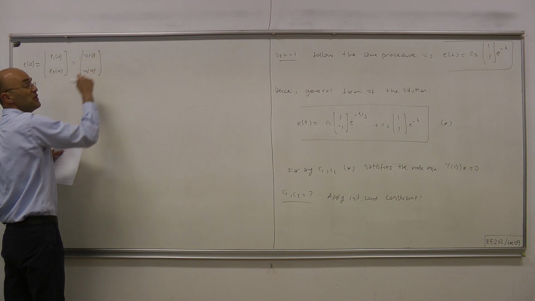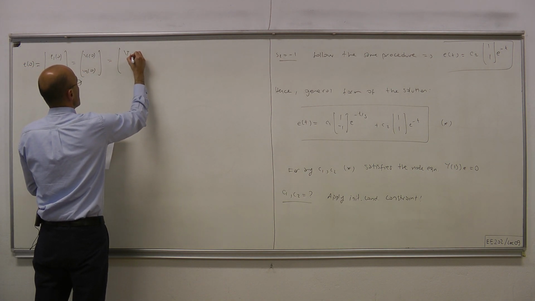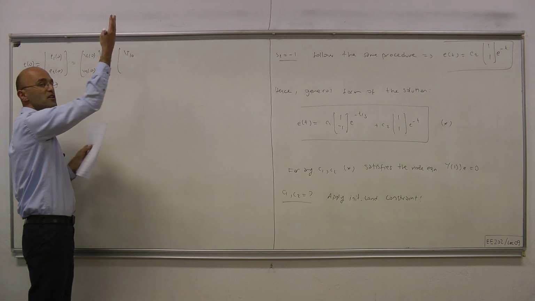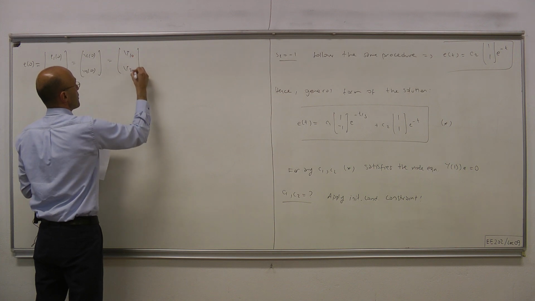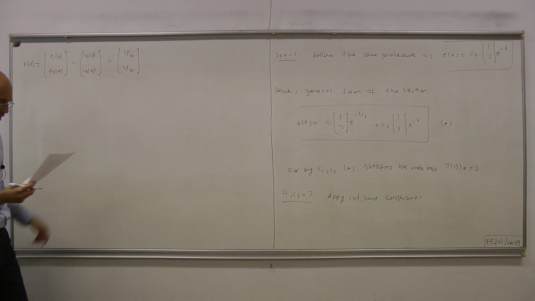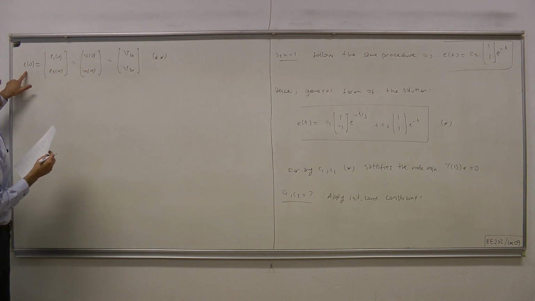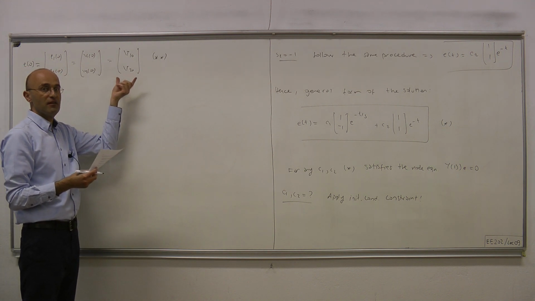And these two pieces of information we're given, as V1(0) and V2(0). Let's say 6 volts and minus 13 volts. So this is the so-called initial condition constraint: E of 0 equals this vector, which is given.